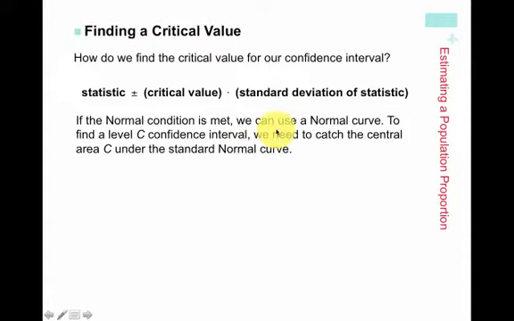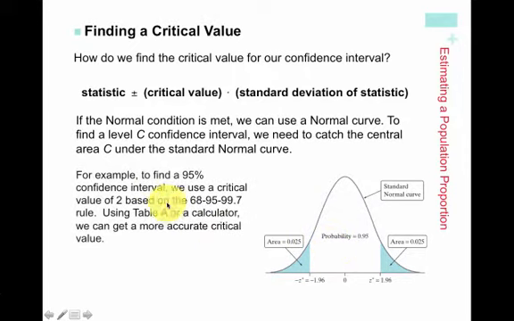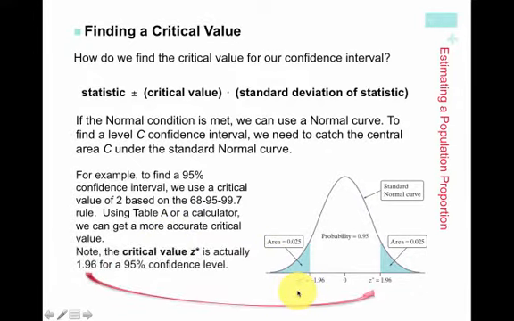To find a confidence interval, we need to catch the central area C under the standard normal curve. So 95%, if we're finding the 95%, we can use a critical value of 2, but using table A or the calculator, we get a more accurate critical value. What we find is that the z-score is actually 1.96 for a 95% confidence interval.